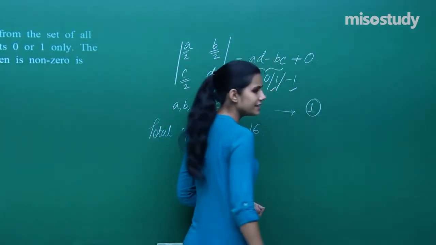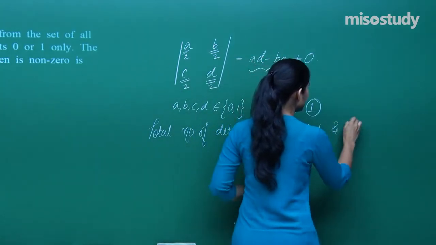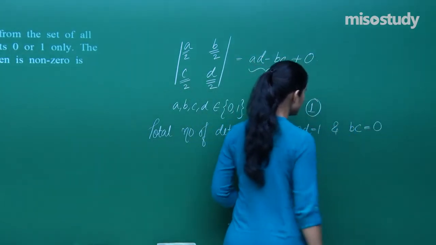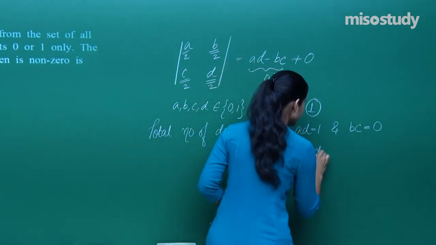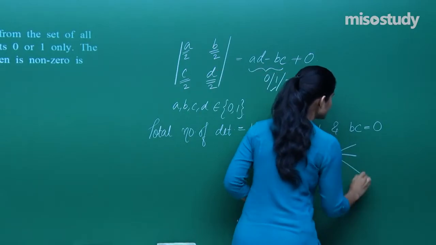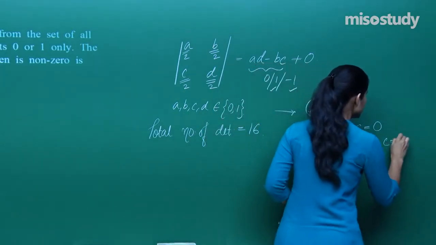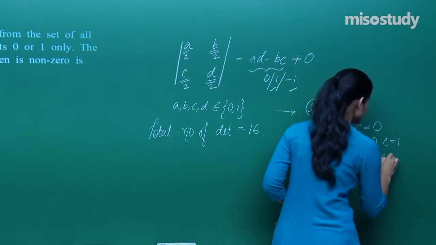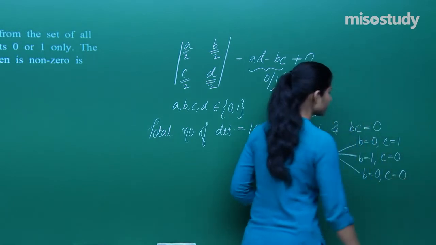I can get determinant equal to 1 when AD is 1 and BC is 0. AD equals 1 can happen in only one way, A is 1 and D is 1. But BC is 0 can happen in 3 ways, when B is 0, C is 1, or B is 1, C is 0, or B is 0, C is 0.